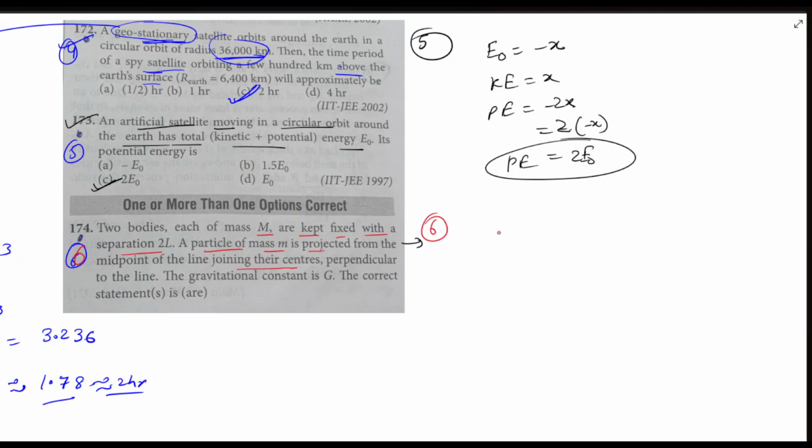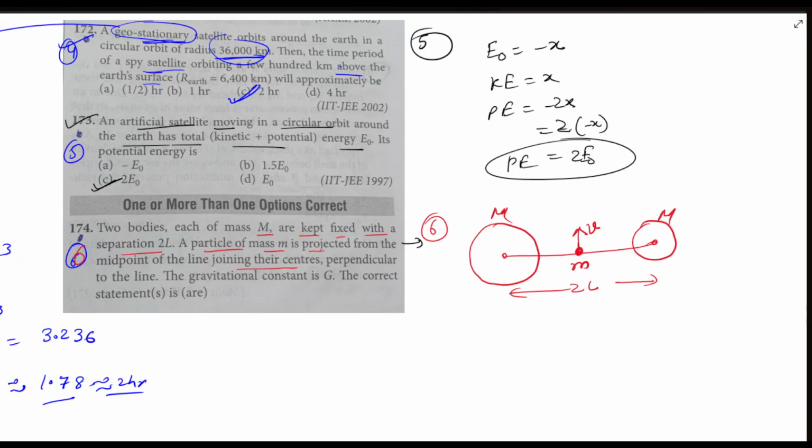So look, we have two bodies, and this is the line joining the centers, and this line is of length 2l. Now there is this particle, this is m, this is capital M, this is capital M, and it is given a velocity v in this direction, let's say. So the correct statement is or R.